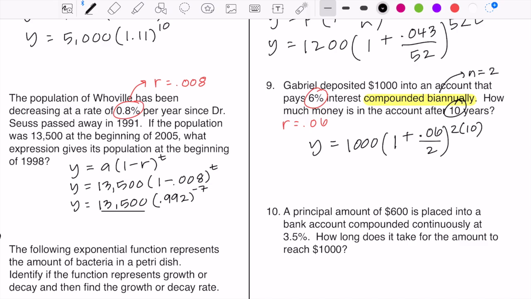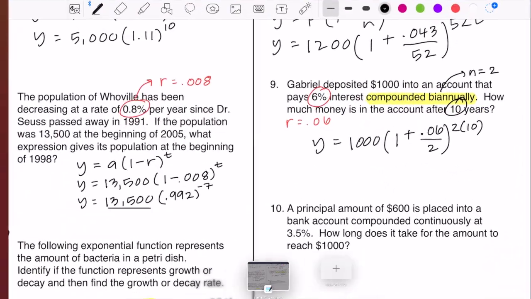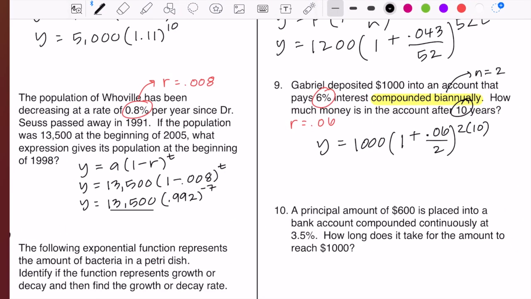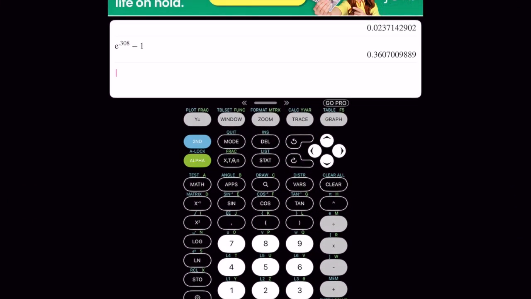Now we're going to plug it into the calculator. So we get 1,000 times (1 plus 0.06 divided by 2), it was biannually, raised to 2 times 10.